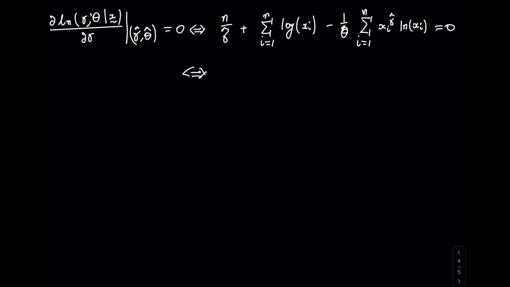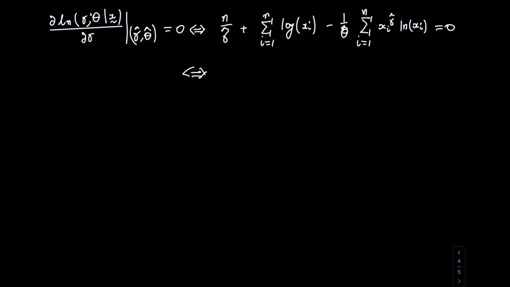What I'm going to do is get all the terms that have parameters and all the terms that are independent of parameters. So in this case, this is the only term that is independent of parameters. So I'm going to move all the other terms to this side of the equation.